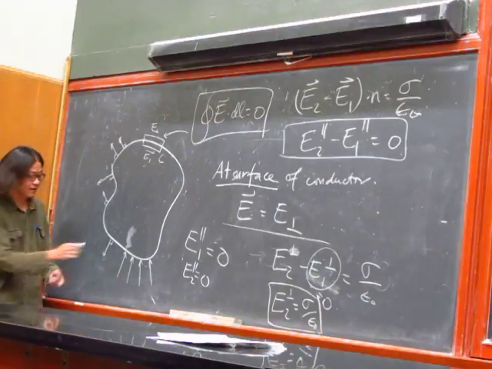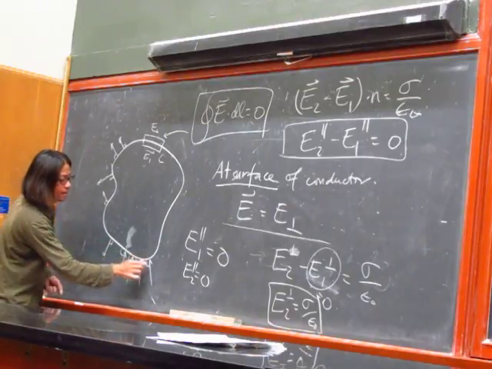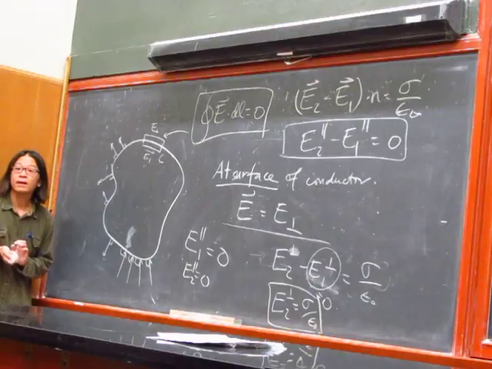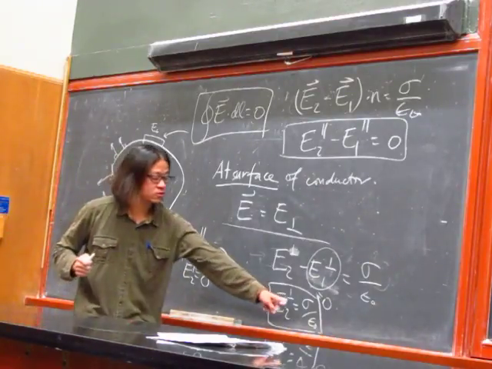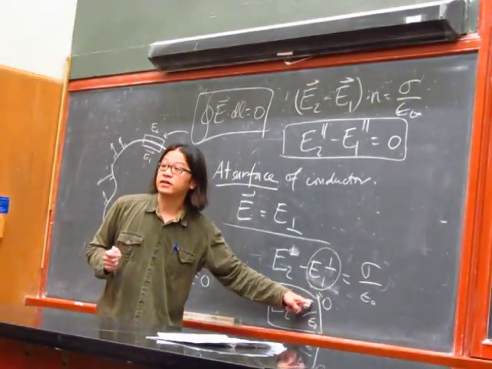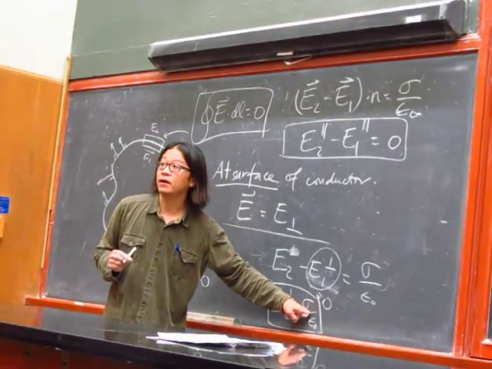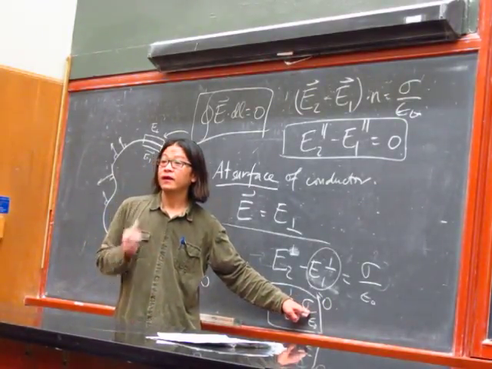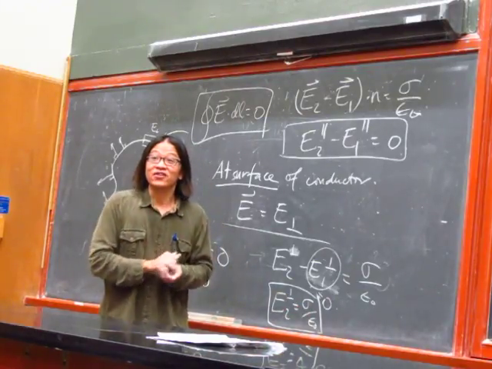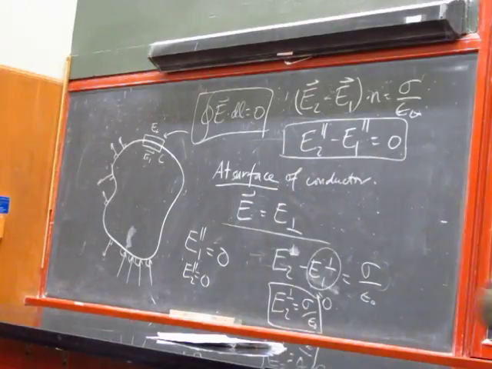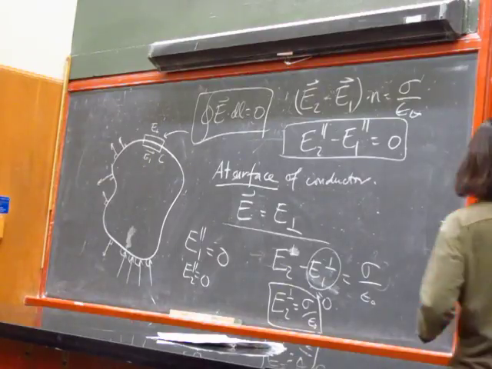It's always normal, and the magnitude is proportional to the surface charge density at that point. So that's all there is to it, as far as just the physics of conductors. So let's look at an example.